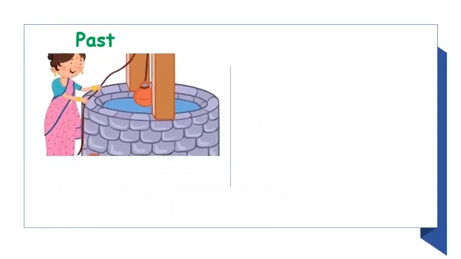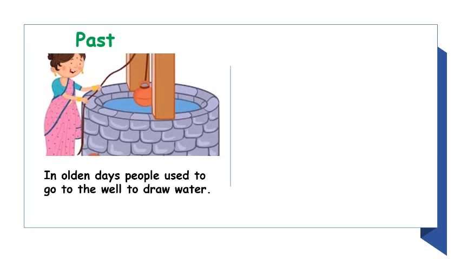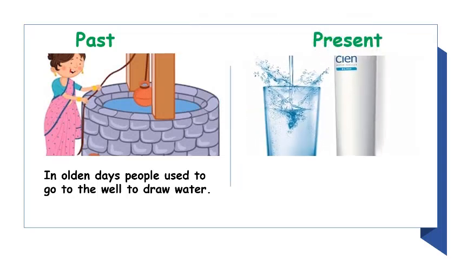Okay, children, can you tell me what this lady is doing here near the well? Yes, you're right. She is pulling the water from the well. Children, in olden days, when people wanted water in their house, they had to go to the well and draw the water from there. But in present time, as you can see, the water is available at home through the tap.